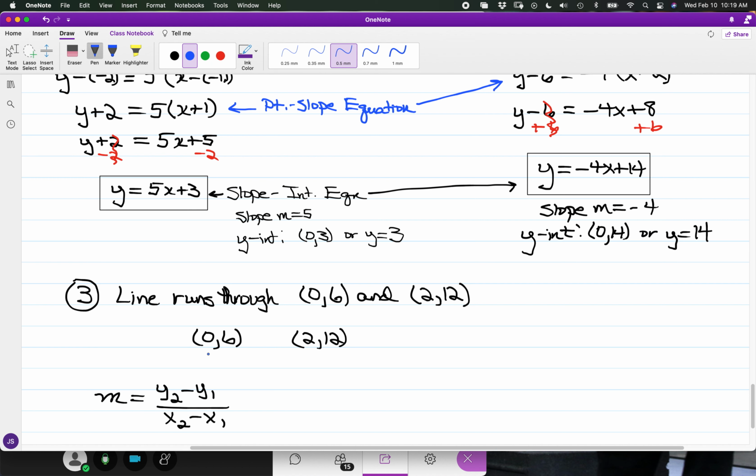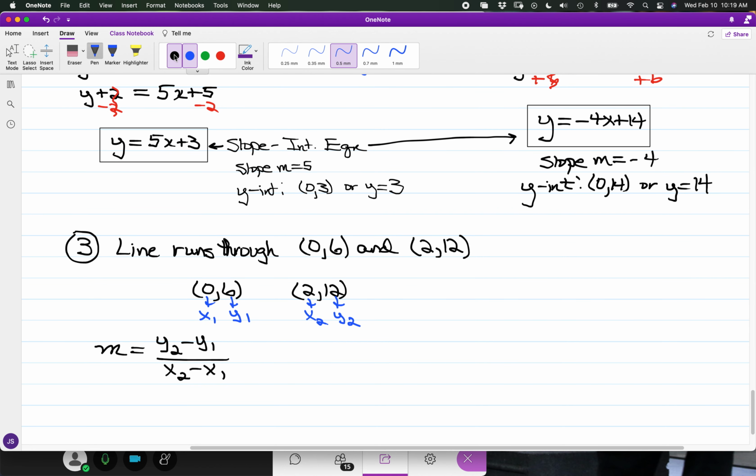So we can go ahead and identify our first and second x and y values. Let (0, 6) be the first set, and (2, 12) be the second set. So we have y2 minus y1. We have y2 at 12, y1 at 6, so we're going to have 12 minus 6.